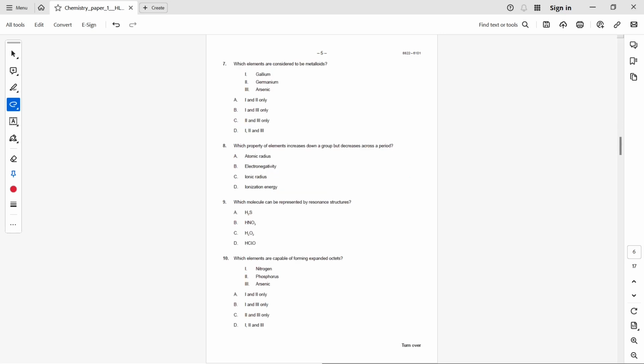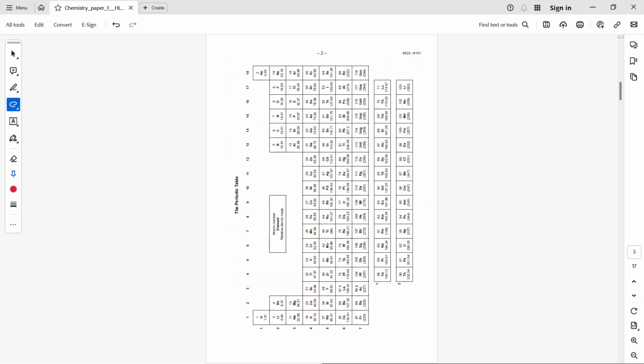Which elements are considered to be metalloids? If we look at the periodic table, they are along this diagonal, right? And to be precise, it's around here.